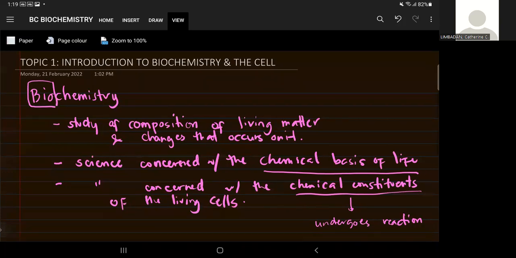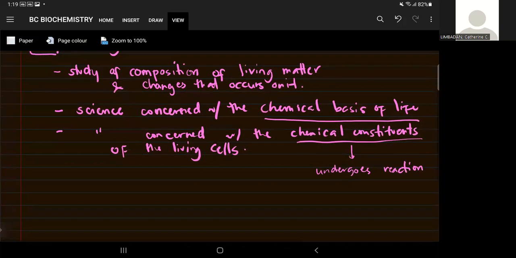Examples of that are the metabolic processes of those chemical constituents: the carbohydrates, the proteins, lipids, nucleic acids. Those are examples of those biochemical constituents.